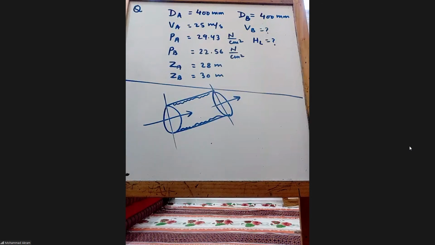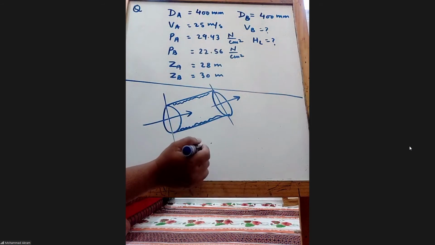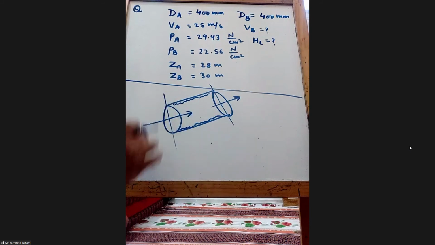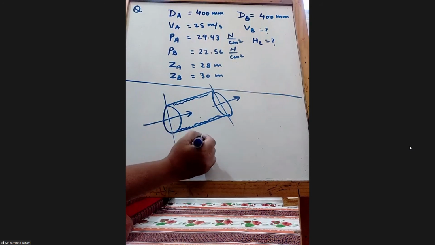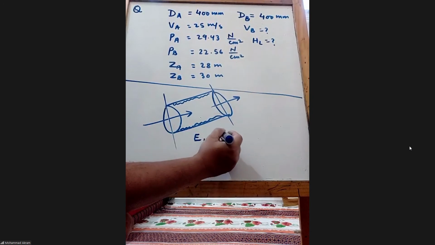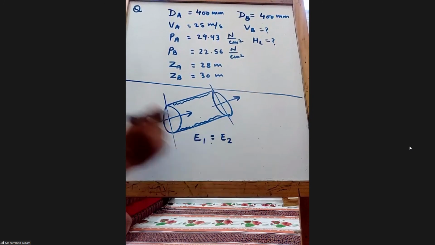If you remember, we neglected viscosity, turbulence, and compressibility, right? It is not from those three as well, but it is in the form of some friction. Say some temperature has increased because of the friction. So energy at 1 is equal to energy at 2, we should have this, right?